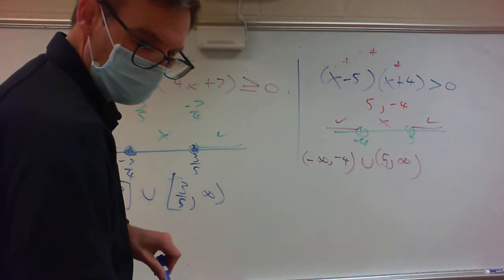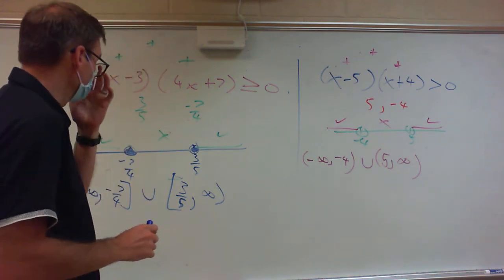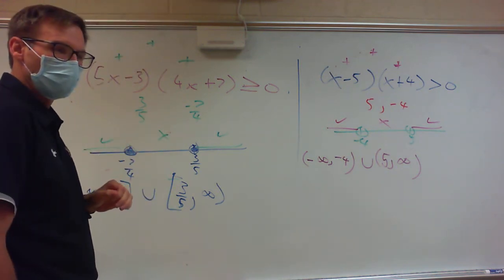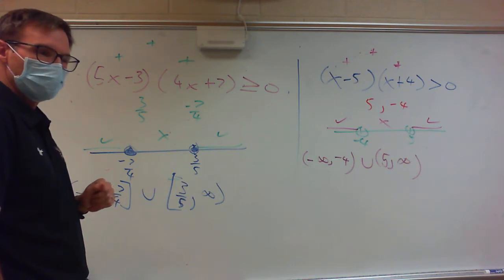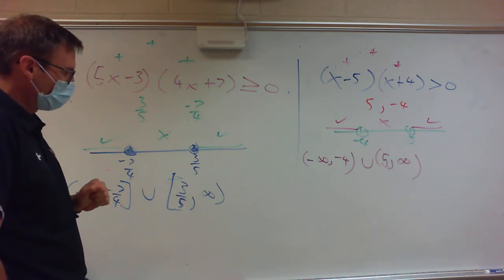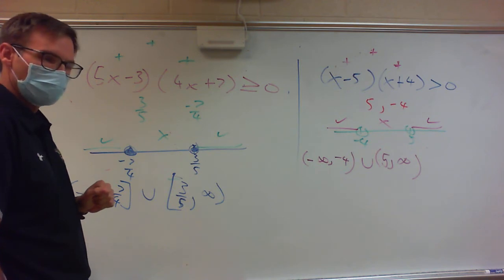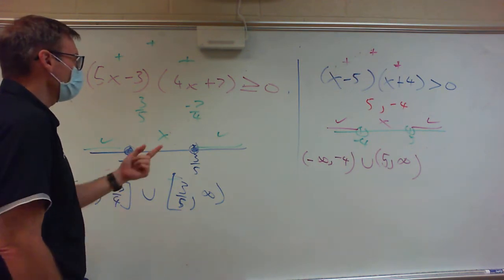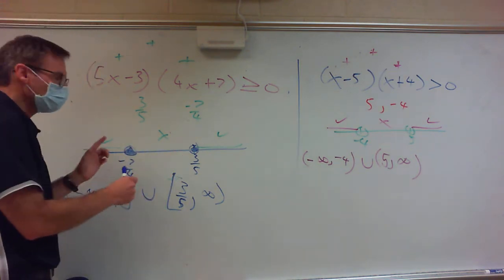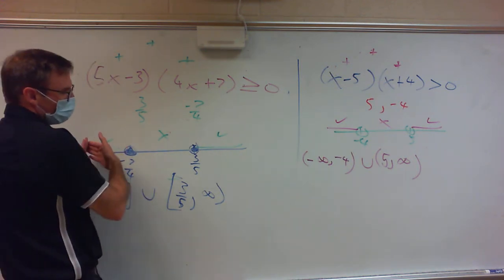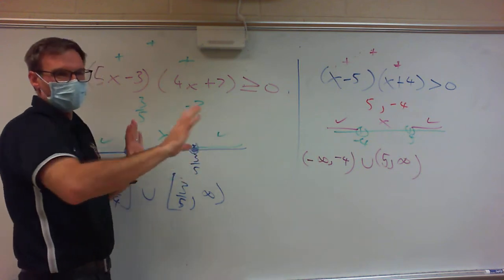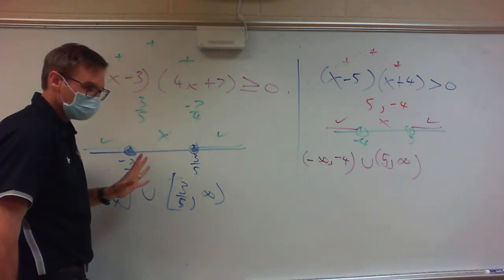If numbers below negative 7/4 were included and then the middle part isn't included, is it possible that numbers coming after 3/5 are also not included? Well, what we've just done is, the number line has all the possible answers, right?